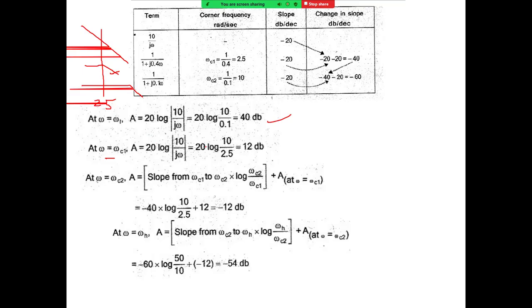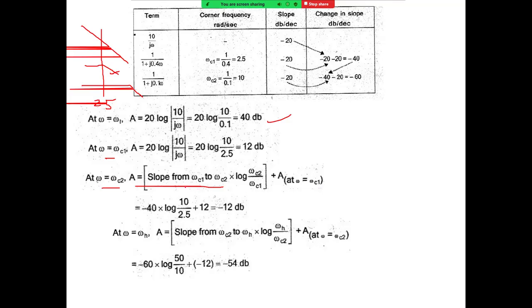And please remember, Bode plots are approximation plots. So at omega equivalent to omega C2, what is the formula for that? How much change in the slope from omega C1 to omega C2, into log of omega C2 by omega C1, and what is the previous gain value at omega equivalent to omega C1?